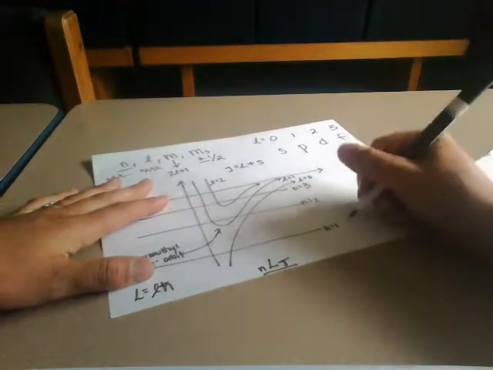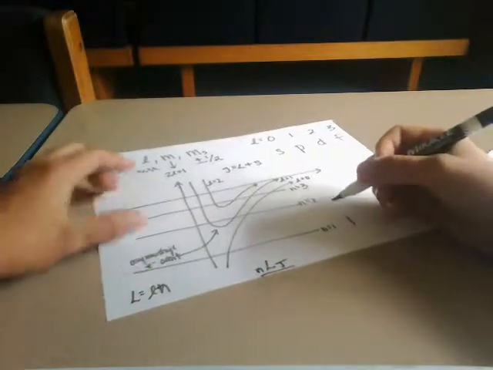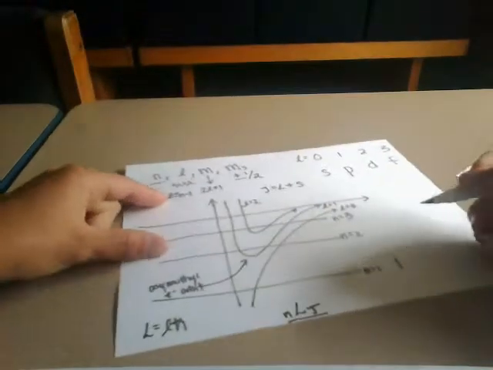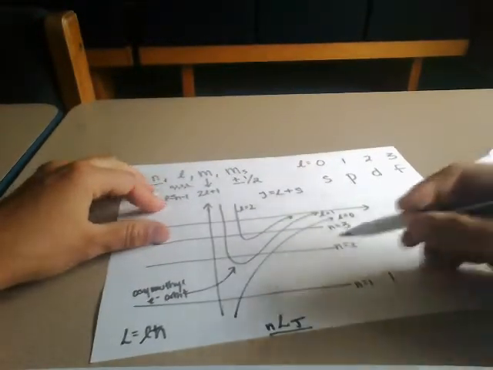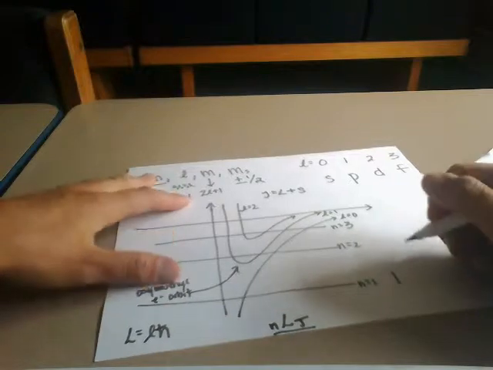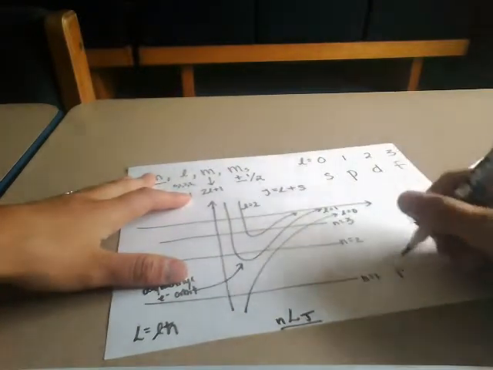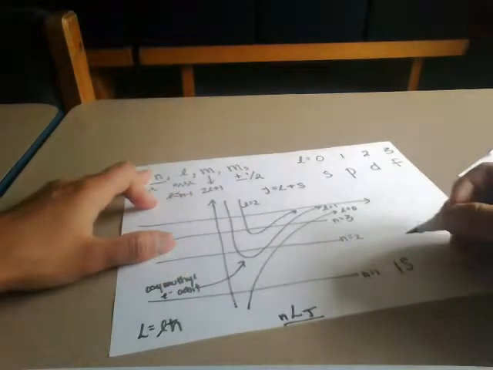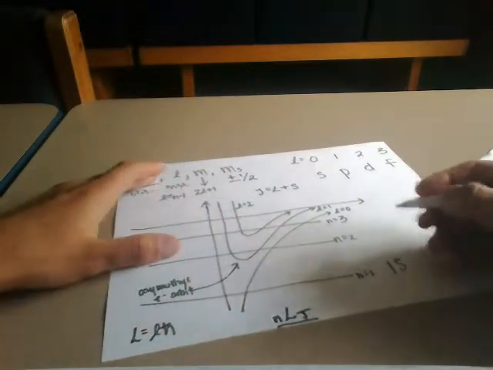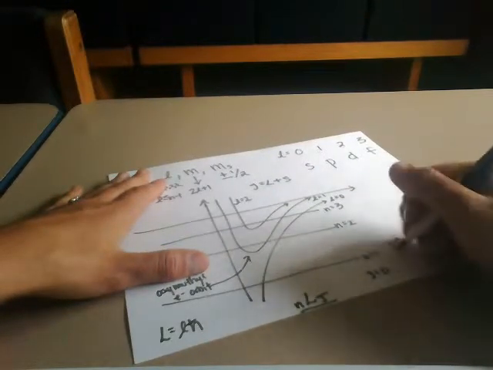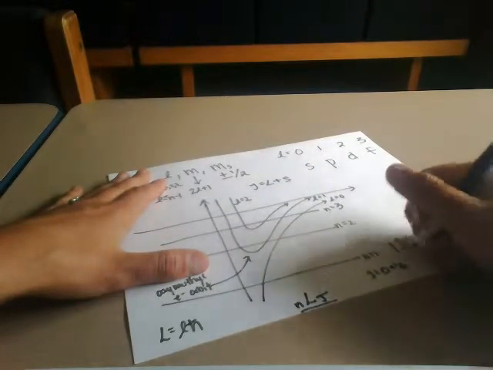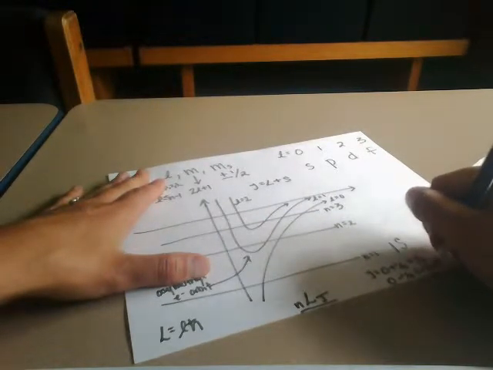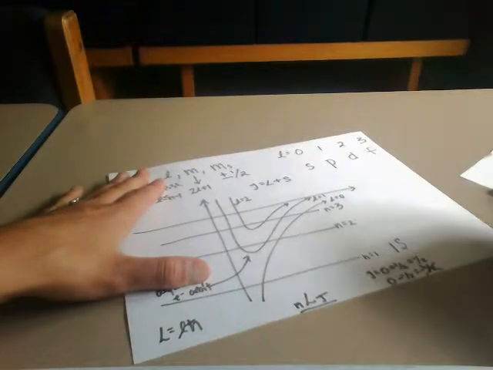For the n equals 1 state, L must be less than or equal to n minus 1. I forgot to mention that earlier. But if n equals 1, L can only be 0. So when L equals 0, our angular momentum value is S. J, being L plus S, is 0 plus 1/2, which is 1/2. 0 minus 1/2, which is negative 1/2, is less than 0, so we can't use that one.